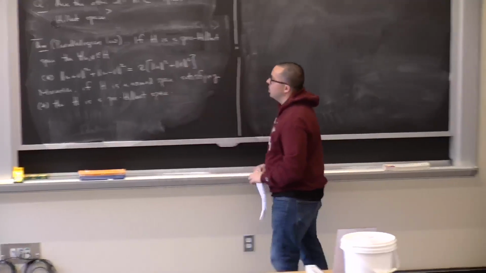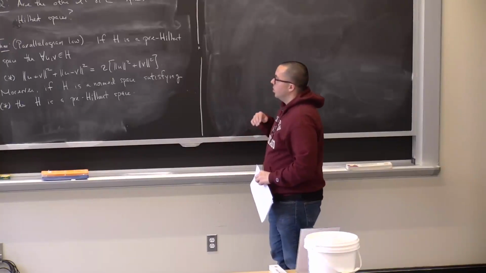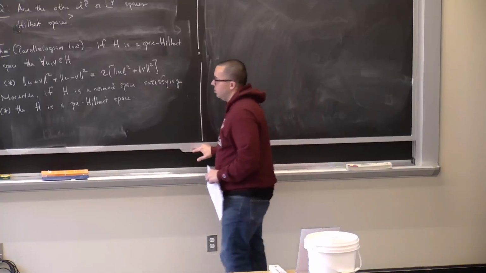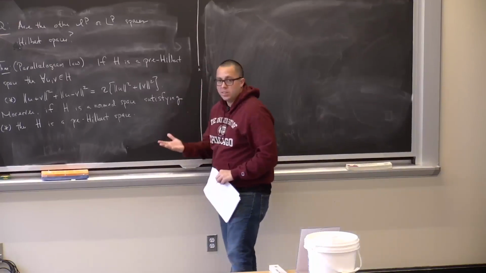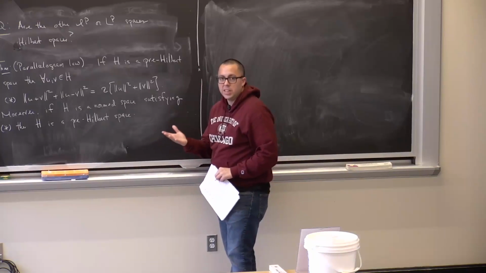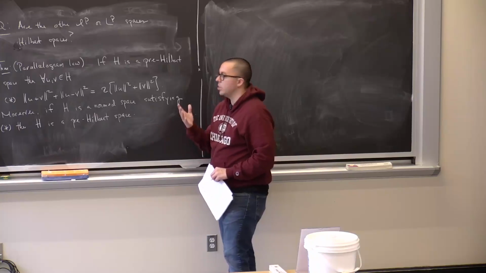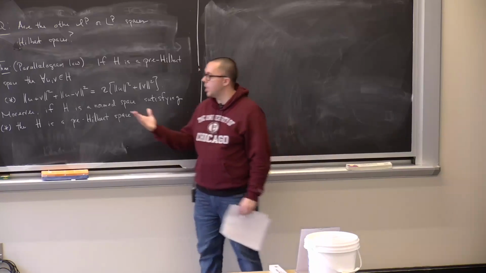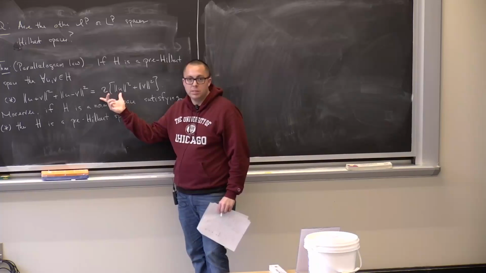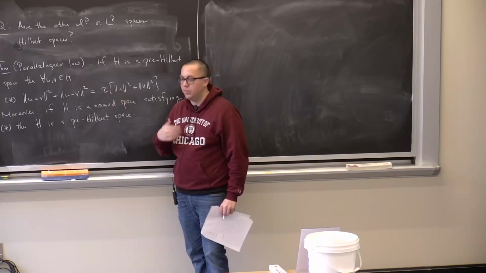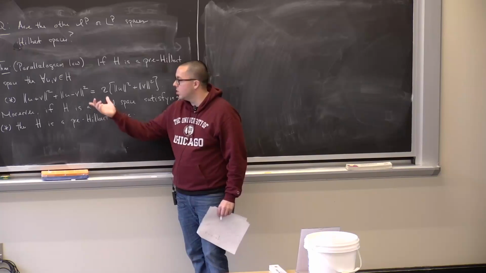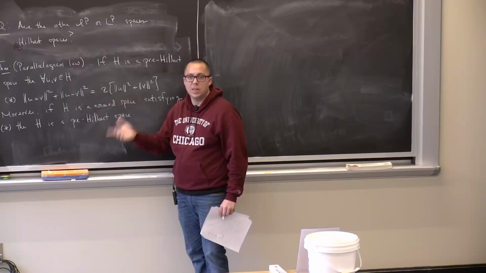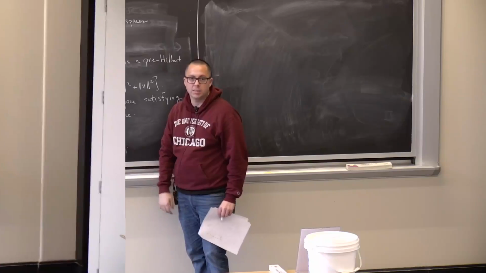Okay? In other words, although it seems like we defined Hilbert spaces or pre-Hilbert spaces initially in terms of an inner product, in fact, you can say a norm space is a pre-Hilbert space if and only if it satisfies this parallelogram law. Okay? So if you have on your hands just the norm, then as long as that norm satisfies this identity, that norm can be derived from an inner product.